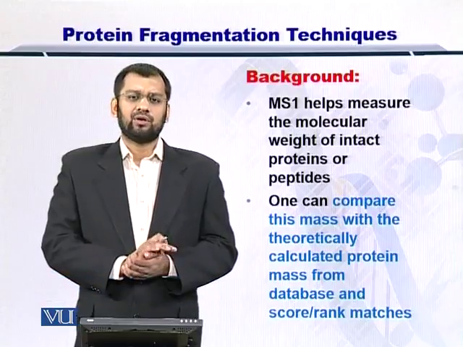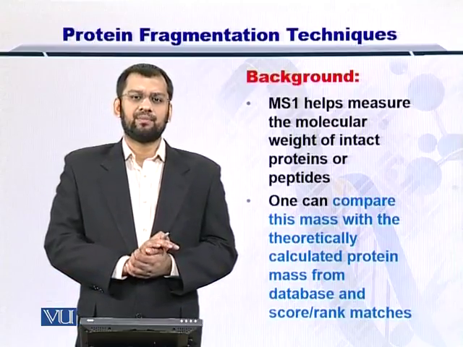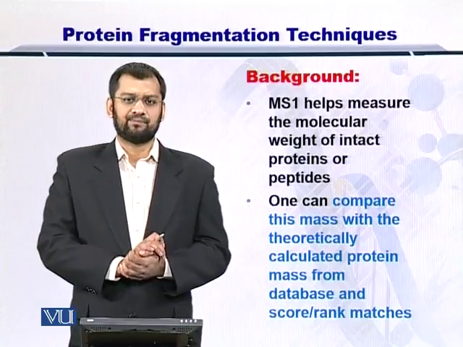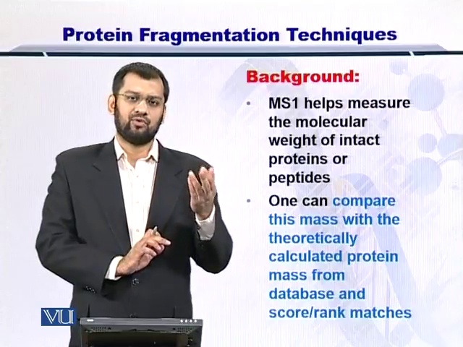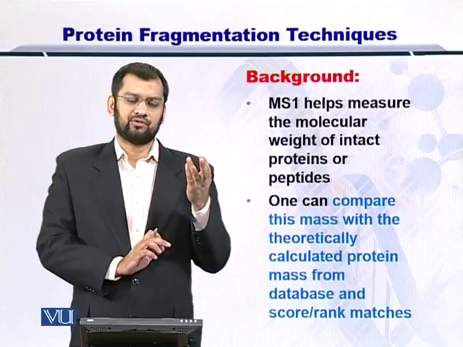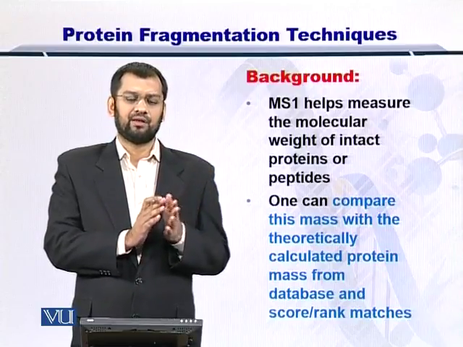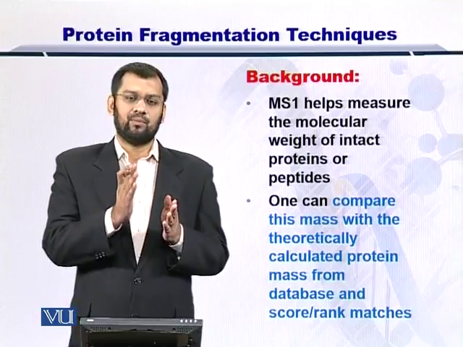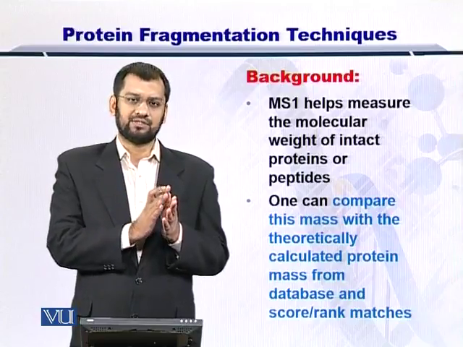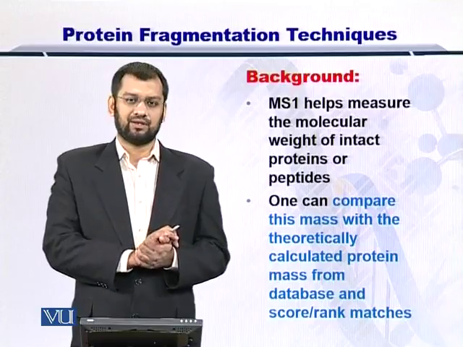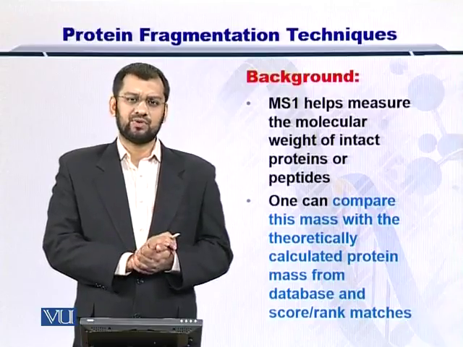However, what if there are multiple protein matches from the database? So if you have a protein from the sample giving you the MS1 data, and you have multiple proteins that are matching with that MS1 data, what to do in such a situation?